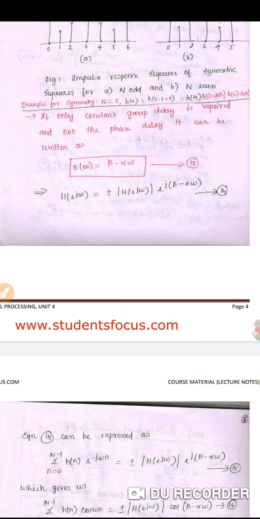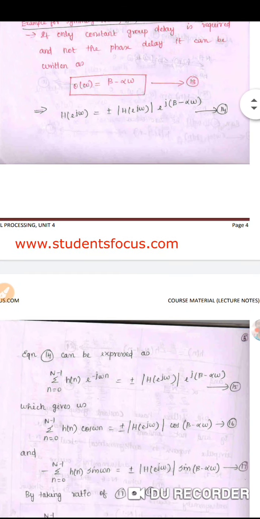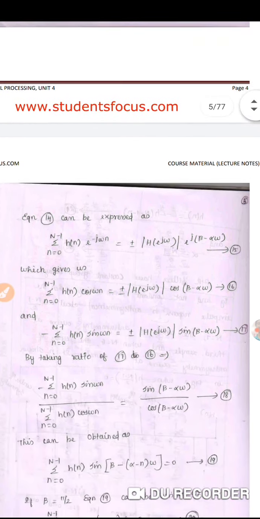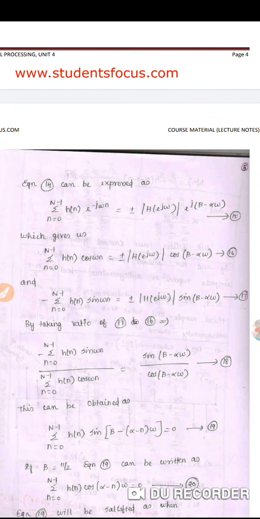And we know already H of e power j omega can be written in magnitude and phase as plus or minus mod H of e power j omega into e power j of beta minus alpha omega. And we know the discrete time Fourier transform of the impulse response can be written as summation n equal to 0 to N minus 1 h of n into e power minus j omega n is equal to plus or minus mod H of e power j omega into e power j into beta minus alpha omega.